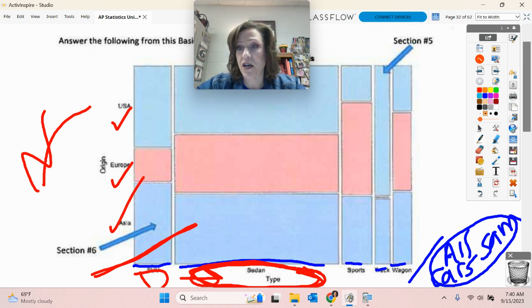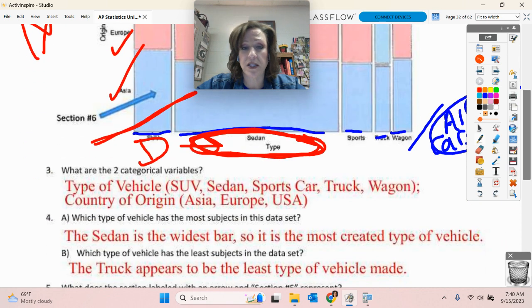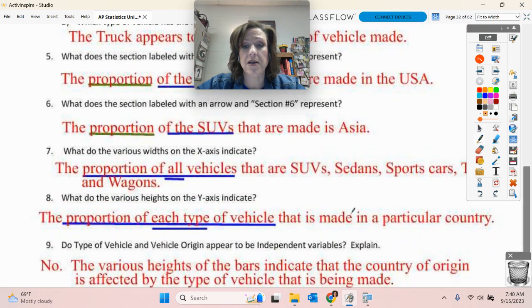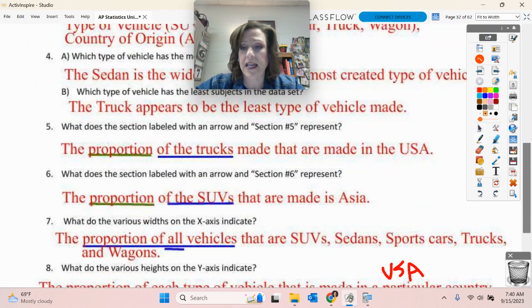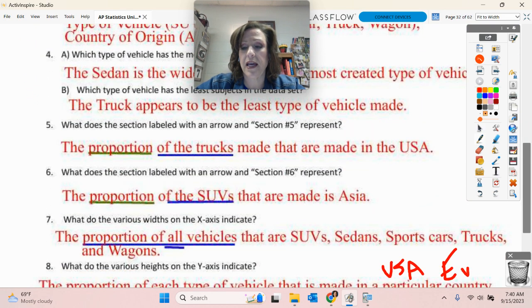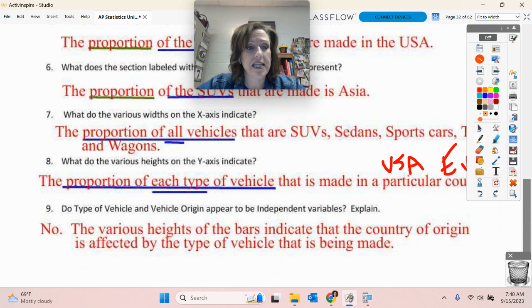The proportion of all car types, these car types that are made in, I should have said that, USA, whatever the 3 different ones are, USA and Europe and Asia. Okay, so there is how you do that.